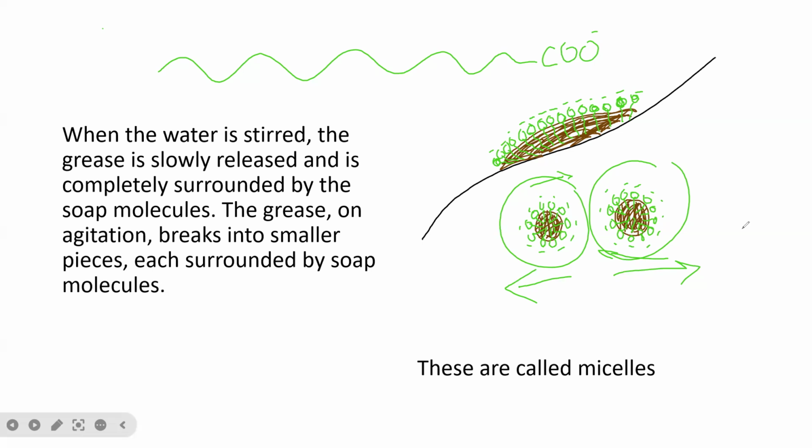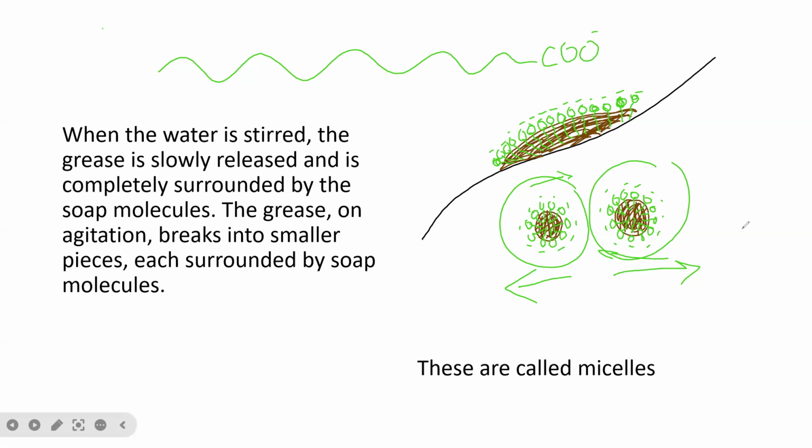So this, when the water is stirred and the grease is under, all these things that we wrote are under the cleansing action of soap. Okay. It's still under the cleansing action of soap. You may even pair it up with the emulsifying action of soap, and the reason is because soap cleans grease stains by emulsifying the grease.